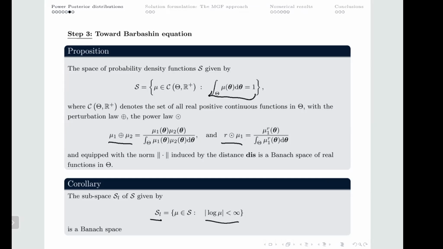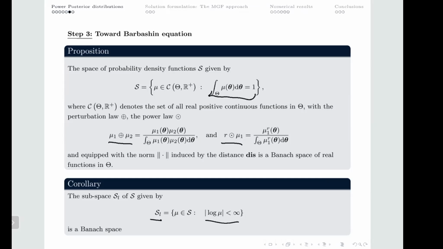Okay, and this one is a Banach space also, because we are in finite dimension, and because we also get the completeness of this space just because of the concavity of the log function. So we have constructed the Banach space where our solution lives. Now we just need to extract the Cauchy operator.